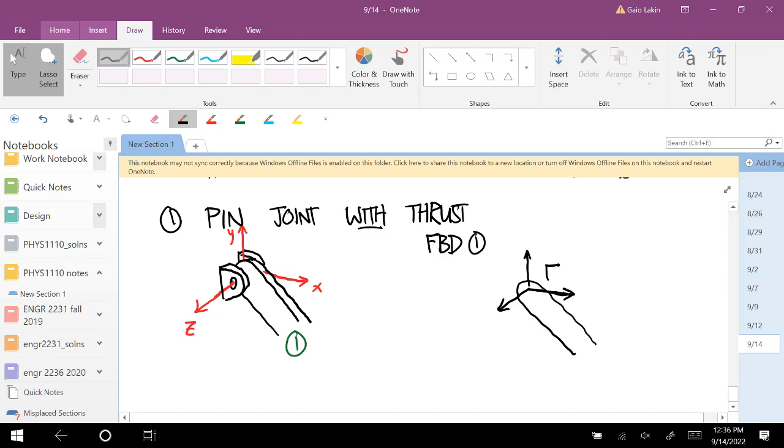So I'm going to just write that as a vector F12. And then you also have 2 couple components.